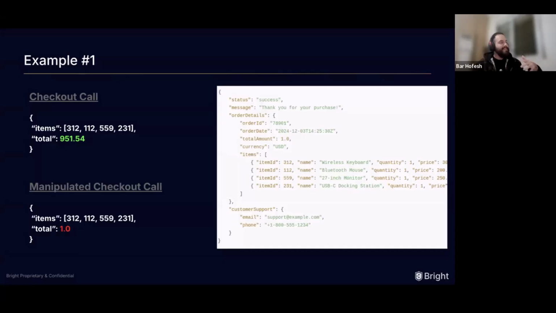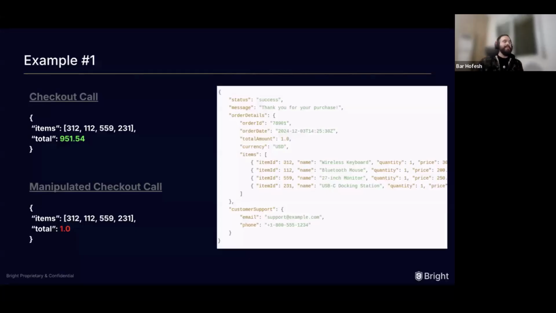And we can see that the total is something that the user, or the attacker in this case, can control. So we go to the API call and we change the total from what it was supposed to be originally into 1. And we can see the response.